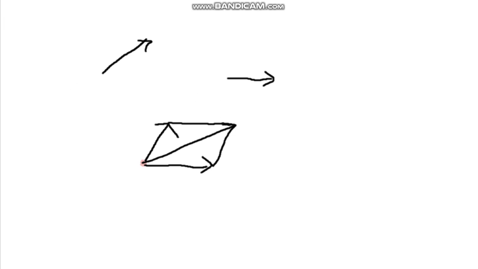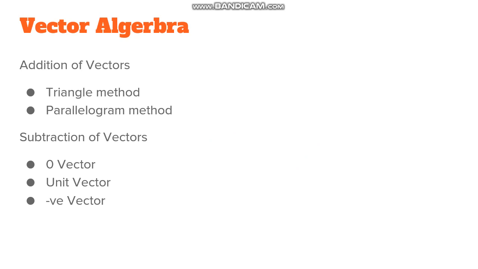This particular line here makes the addition of this vector v1 and this vector v2. So this is how vector addition and subtraction happens in vector algebra.